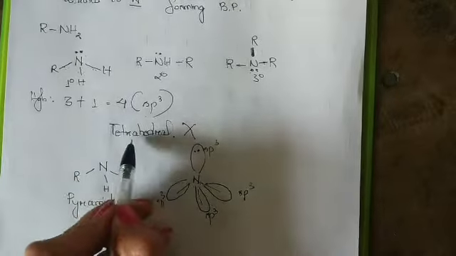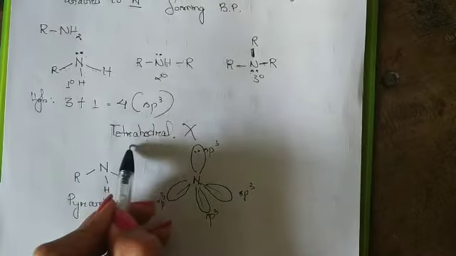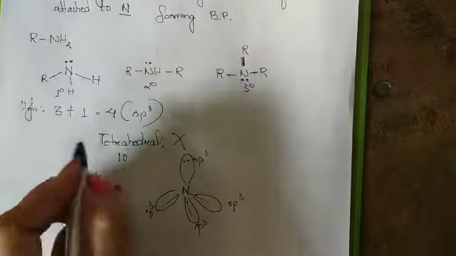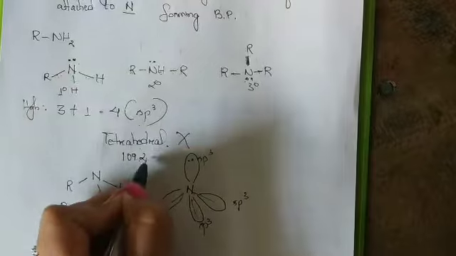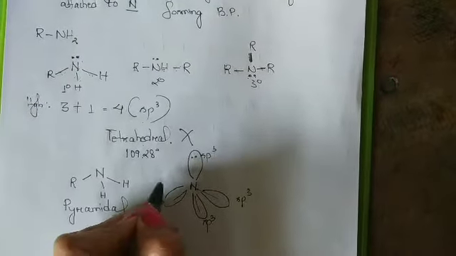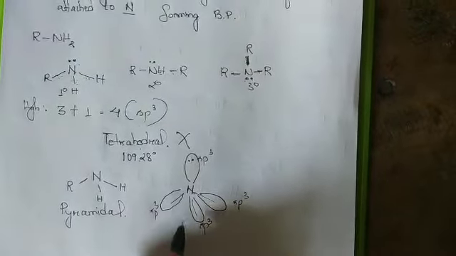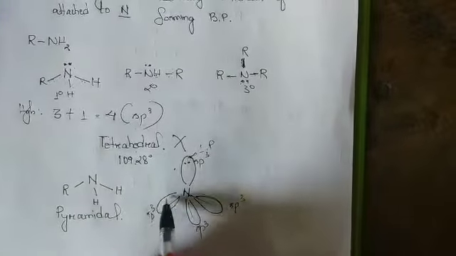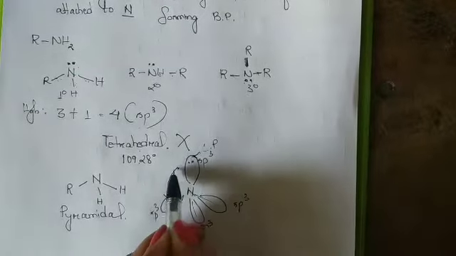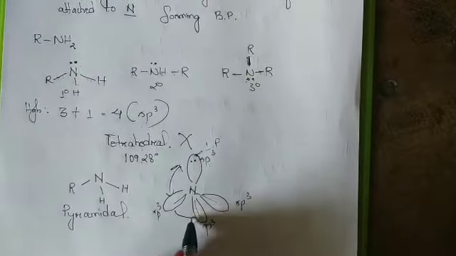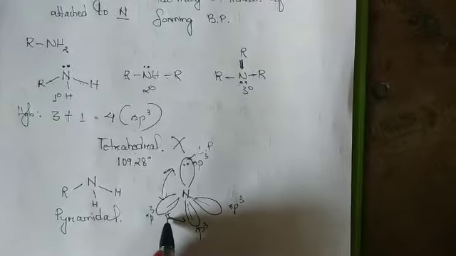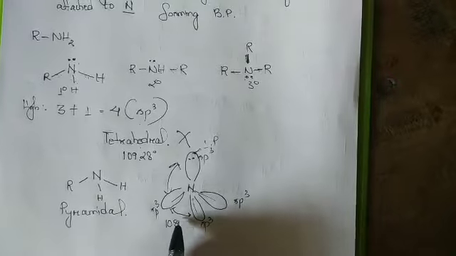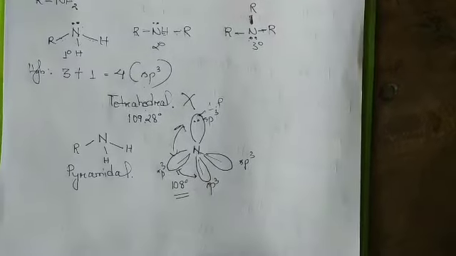It is known to us that in a tetrahedral structure the bond angle is 109.28 degrees. However, in the case of amines, due to lone pair to bond pair repulsion, the angle becomes less, and it has a pyramidal angle of 108 degrees.